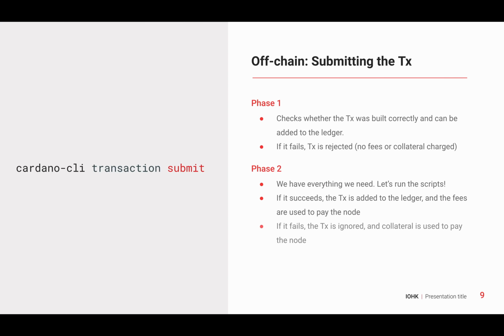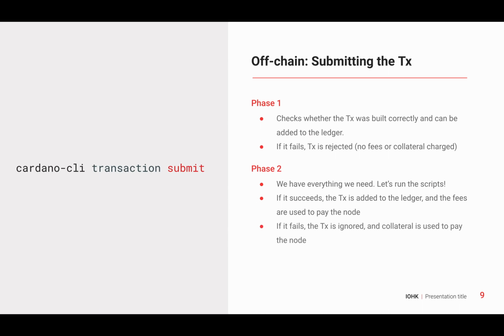If just one of the scripts fail, the whole transaction fails. But because running Plutus scripts can be computationally expensive, the node collects the collateral and ignores the rest of the transaction. This is why we have a collateral.